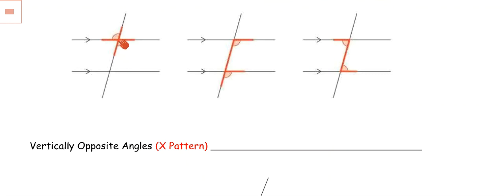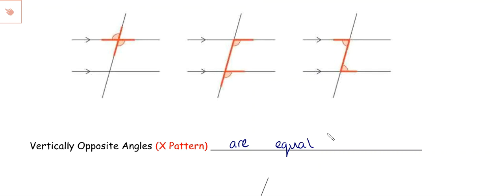Vertically opposite, these ones are also vertically opposite. What do we know about them? Vertically opposite angles are the same, equal. Okay? We're writing this down?